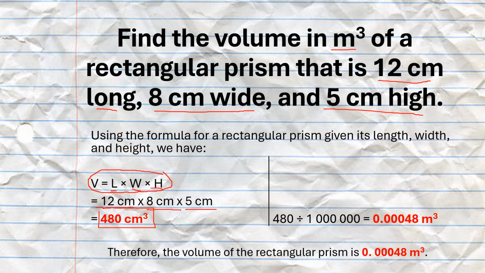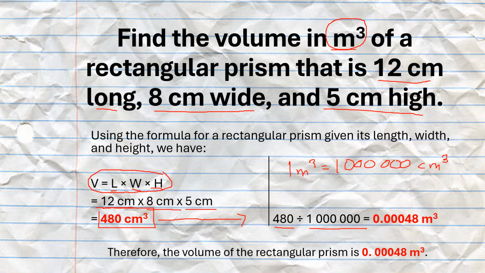But the problem is we are looking for the volume in the unit cubic meter. So in order for us to convert this into cubic meters, we simply divide 480 by 1 million. Remember that 1 cubic meter is equal to 1 million cubic centimeters.